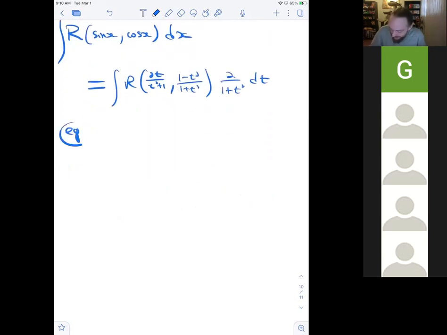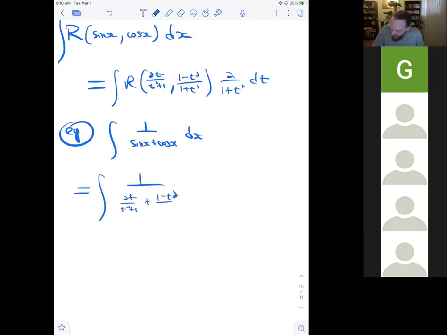So with our example, we had the integral of 1 over sine x plus cos x dx. Having done all the things that I just did, this is going to be equal to the integral of 1 over what is sine x, 2t over t squared plus 1, plus what is cos x, 1 minus t squared over t squared plus 1, times 2 over 1 plus t squared dt.